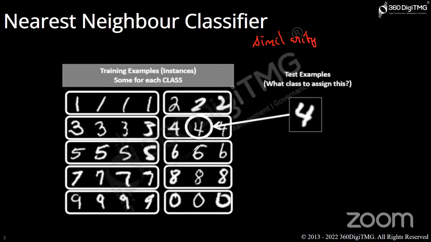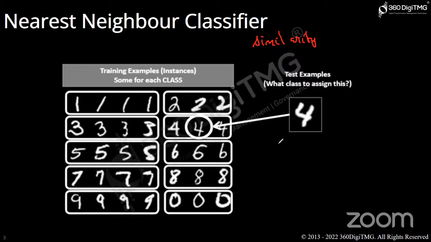Now we have some training data set here. We have some 1s, 2s, 3s, 4s, up until 9, and then 0. So what we are trying to do here is find out how close this value of 4 is to its other classes.